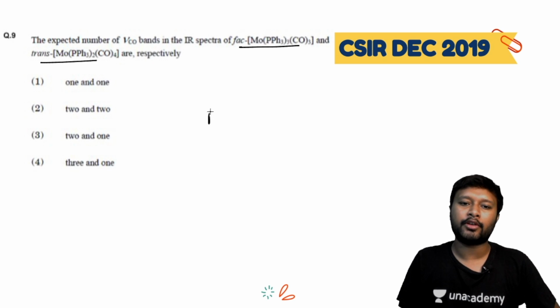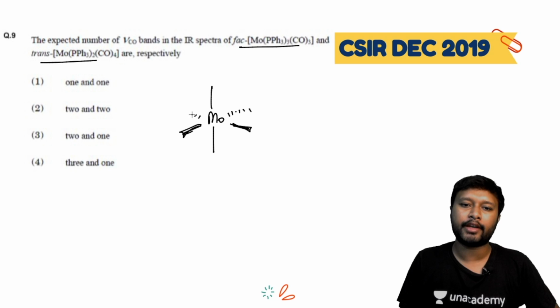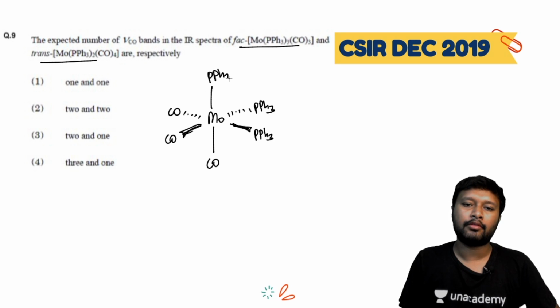For the facial isomer you will have molybdenum, and then a ligand at the back side, one at the front side, and one more. Since you are making a facial isomer, let's make these three carbonyls, and these are your PPh3s. So this is your facial isomer.